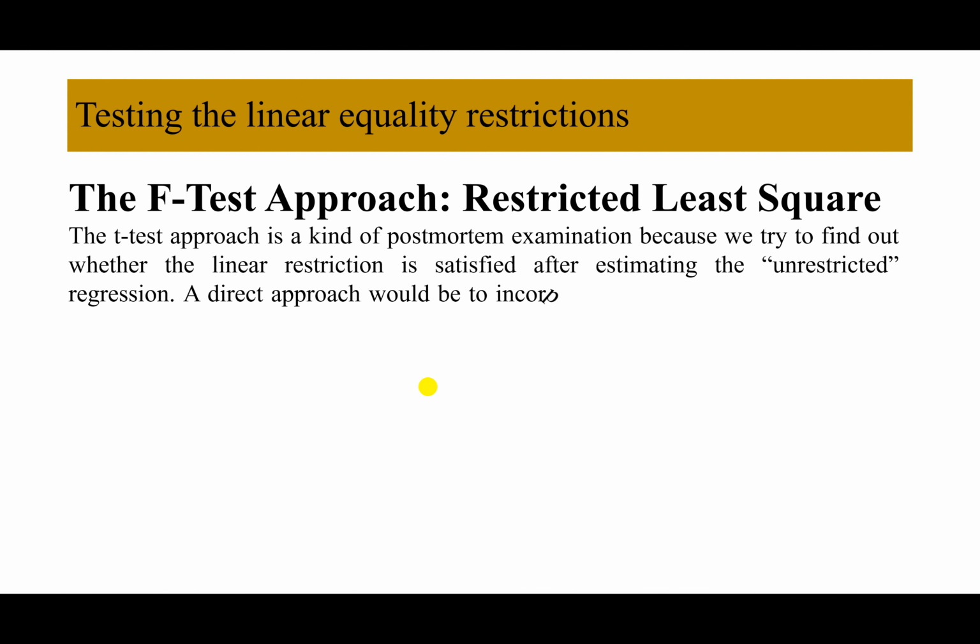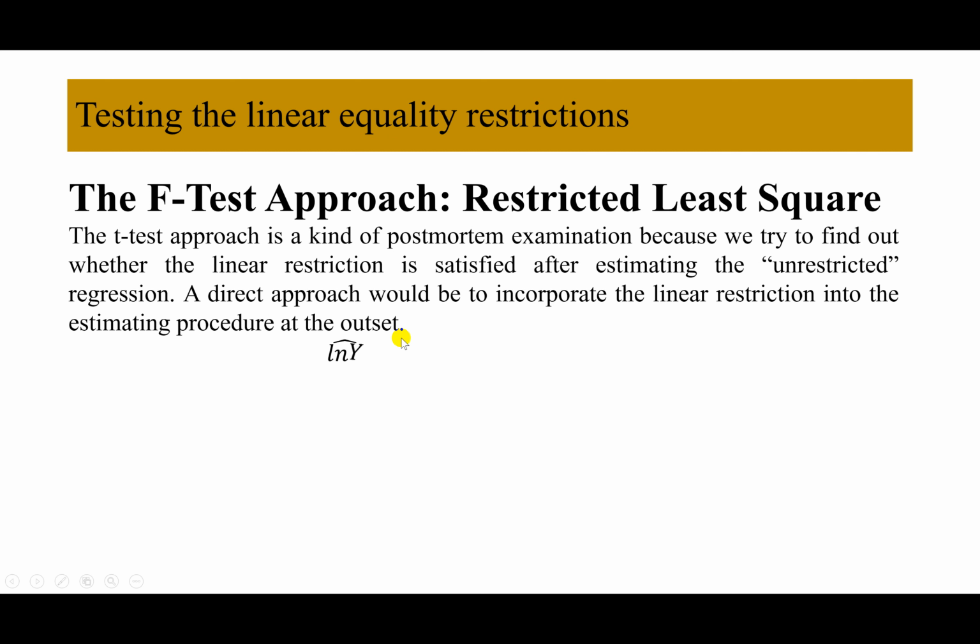The t-test approach already discussed is a kind of post-mortem examination because we try to find out whether the linear restriction is satisfied after estimating the unrestricted regression. A direct approach would be to incorporate the linear restriction in the estimating procedure at the outset.